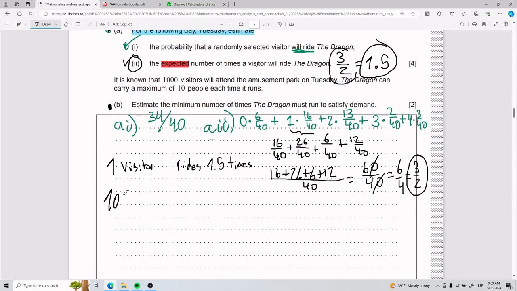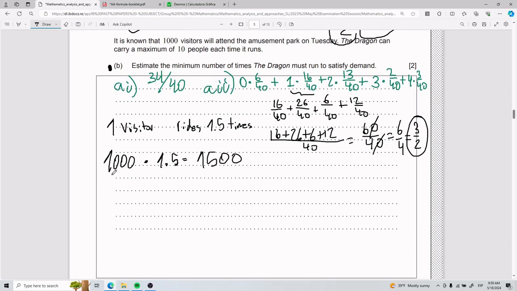So for 1,000 visitors, you need to multiply this by 1.5 to find the number of times that the dragon is ridden. And so 1,000 times 1.5, right? Well, quick maths, you end up with 1,500, okay? There's a chance that you kept it as fractions and didn't realize the decimal, so you can leave it as times 3 over 2.